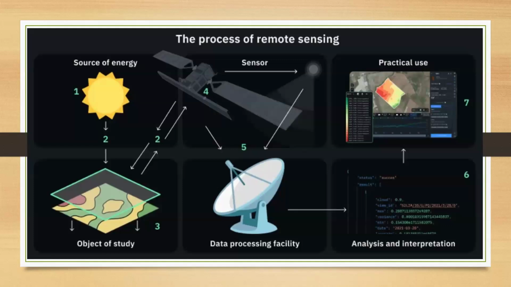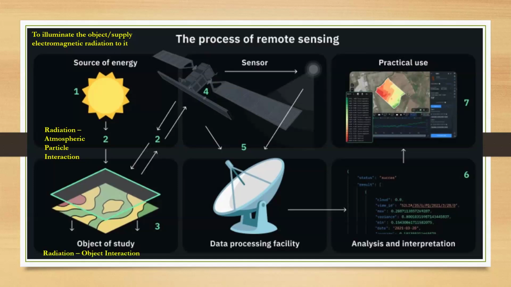In a real practical sense, how the process of remote sensing works is summarized in this diagram on the screen. We have the sun, whose role is to provide illumination, the electromagnetic radiation needed for the process. The radiation normally has to pass through the atmosphere, and there are usually interactions with the atmosphere.